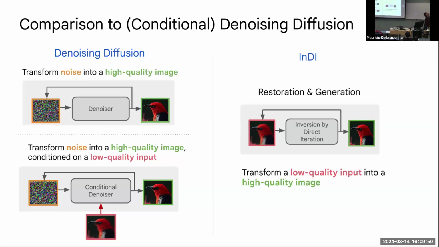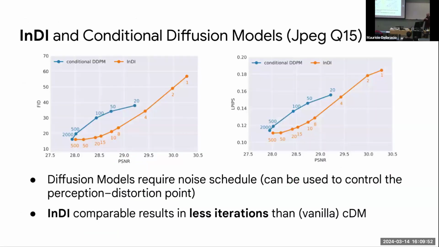Let me show you a vanilla comparison of a conditional diffusion model and InDI, right? The same type of plot, distortion versus perception, with 1 step, 2 steps, 4 steps, getting into the perception, the higher quality. In blue, you can see a conditional diffusion model trained for removing compression artifacts with a strong quality, a very low quality factor of 15. These are two different metrics, FID score and LPIPS, that are more correlated to perceptual quality.